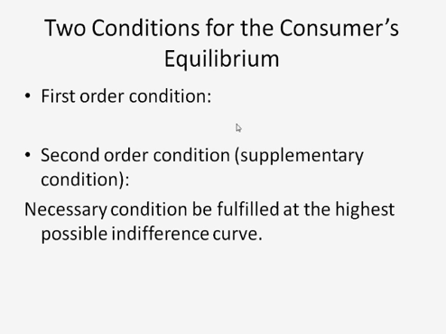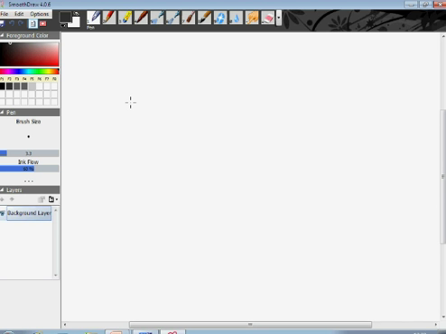The first order condition is the same as the equilibrium condition under the cardinal utility approach. As we have already studied in the cardinal utility approach, MUx, that is marginal utility of X, divided by marginal utility of Y under the multi-commodity model, was equal to price of X divided by price of Y.